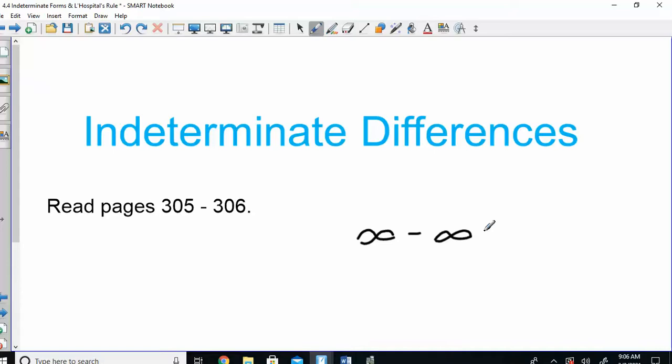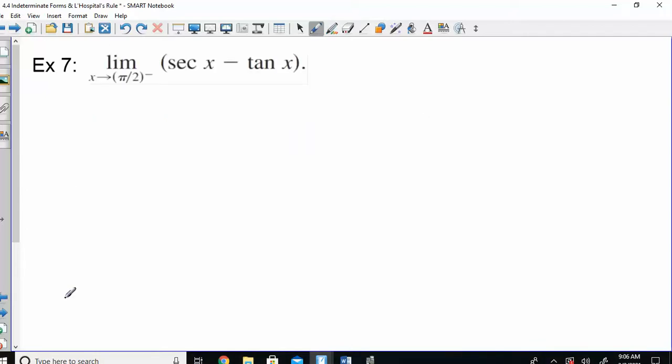So our strategy is always to try to write this as a quotient so we can do L'Hopital's. So we'll do things like getting a common denominator and trying to put them together in a fraction, or factoring something, and then that would give us an indeterminate product, and then like last one you could move one to the bottom. So we'll try some of those algebra strategies to rewrite this into something we can solve.